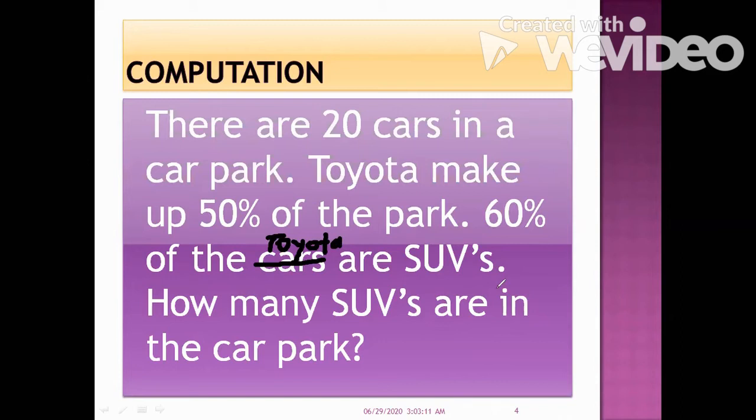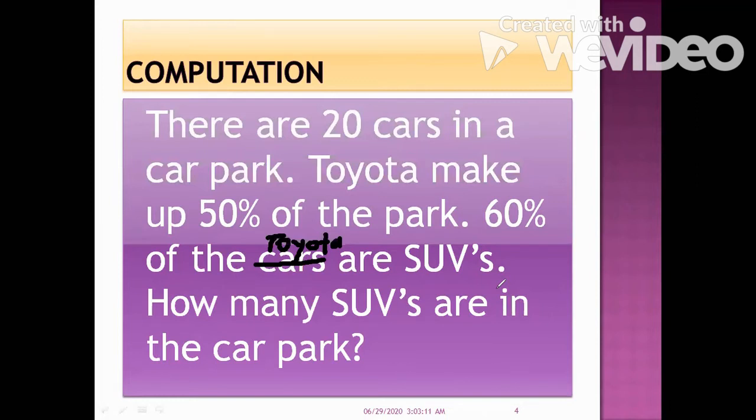When they say that 20 cars are in a car park, not all the cars are Toyota. So what I'm trying to say now is that 50% of the cars in the car park are Toyota.